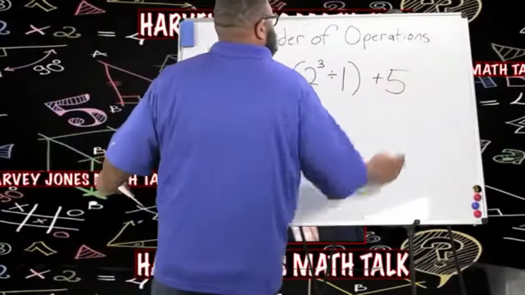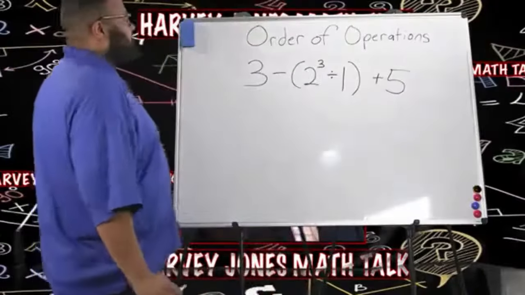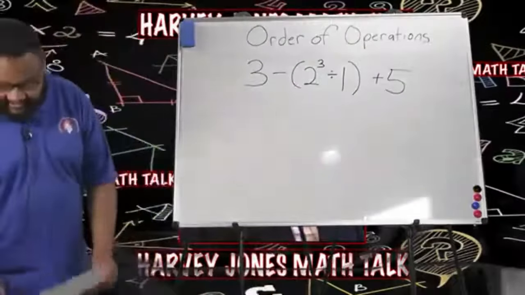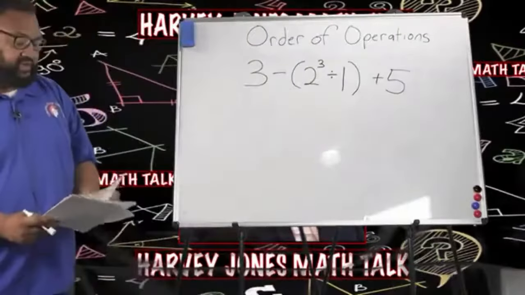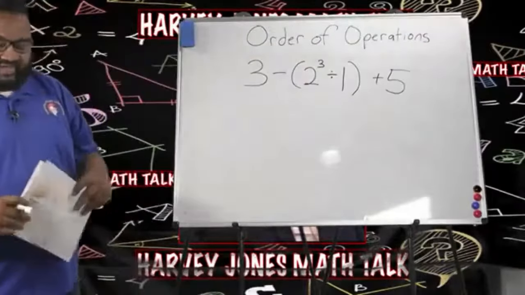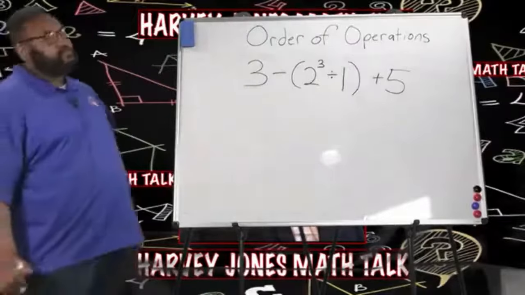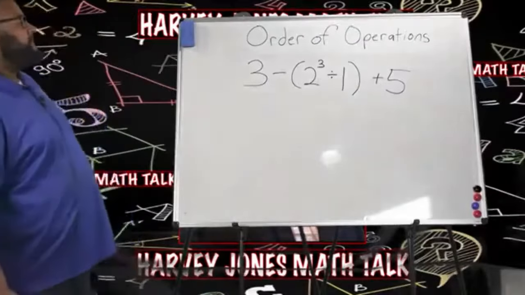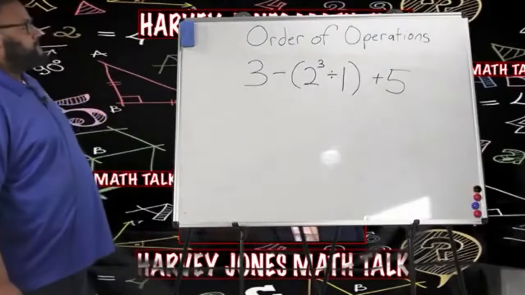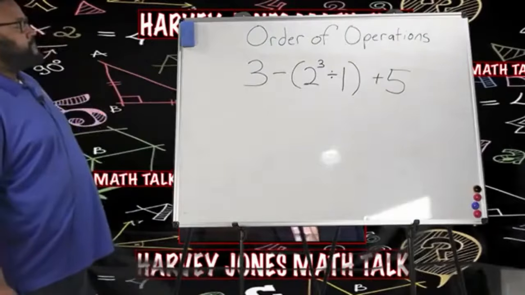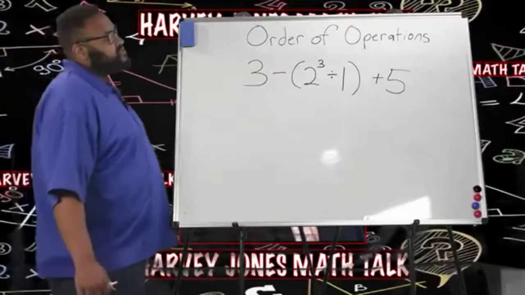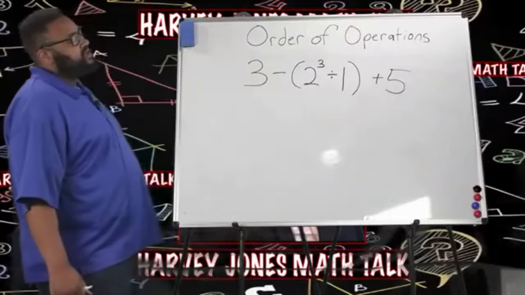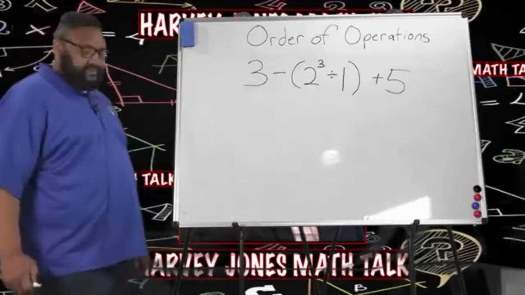Oh, wow. I'm nervous on that one. I don't know what the answer's going to be for that myself. We're going to see in a few moments. Write that down for me, please. 3 minus parenthesis 2 to the third divided by 1, close parenthesis, plus 5.